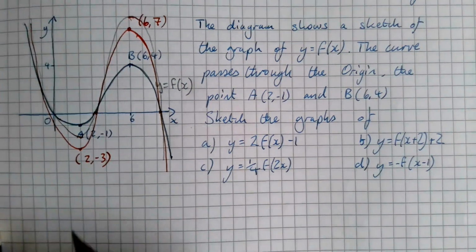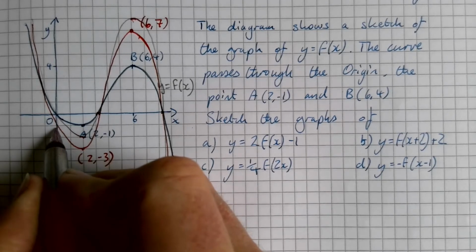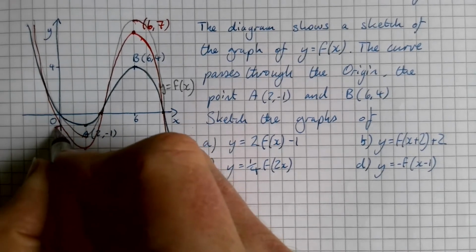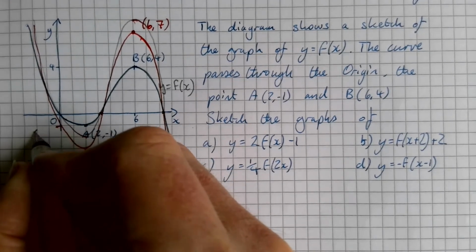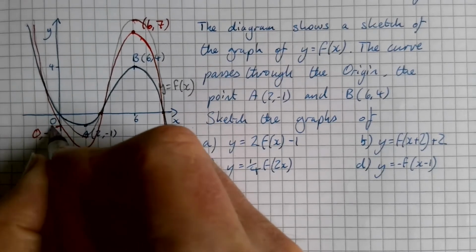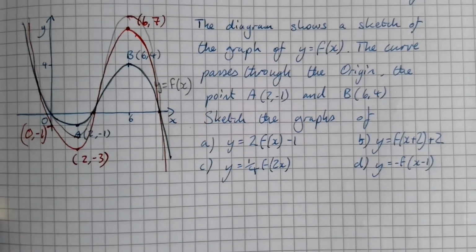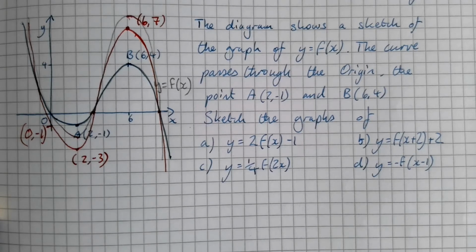But what we do know is, because that's dropped down exactly 1, that we can put in that point there as being 0, negative 1, because we do need to put in anywhere where it passes the coordinates that you can see. So that is the first one done, y equals 2 f of x minus 1.